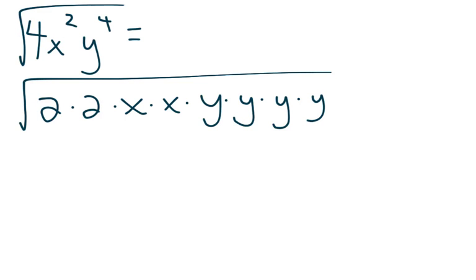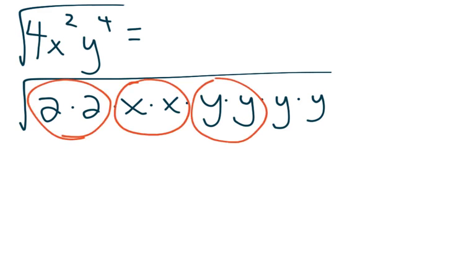Alright, I went ahead and jumped ahead, and I broke down. 4 breaks down to 2 and 2. X squared breaks down to x and x, and y to the 4th breaks down to y times y times y times y. I'm looking for perfect matches, and I found a pair of 2's, a pair of x's, a pair of y's, and a pair of y's. Notice that there's nothing left over, so I will not have a radical left. There won't be anything left in the house.